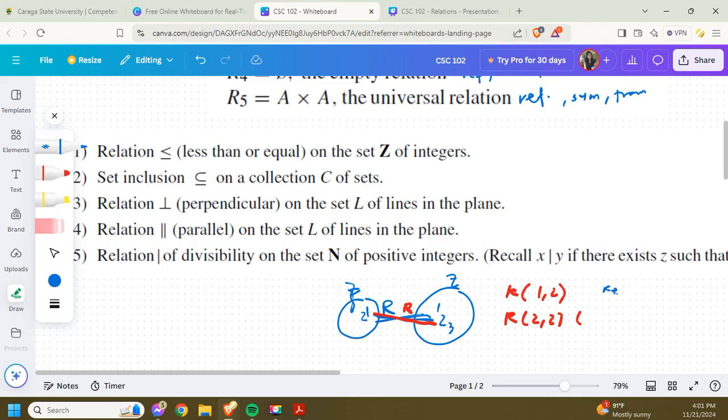Do you think this set R, wherein the first element is less than or equal to the second element, is reflexive? Like the existence of (1, 1), the existence of (2, 2). Thumbs up if you think this is reflexive.